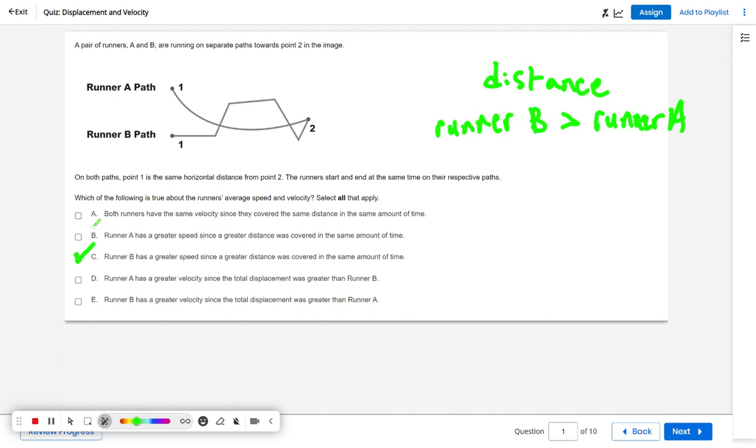And we're assuming that they end at the same time. Without that assumption, this will be way more complicated.